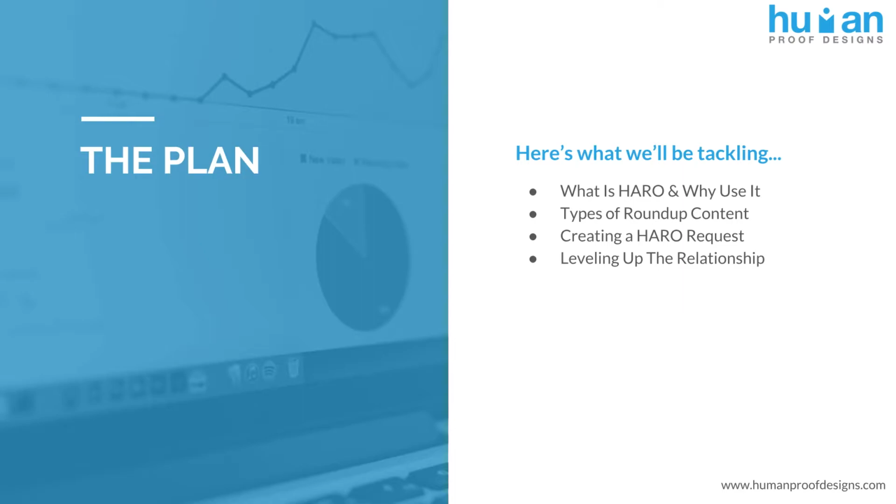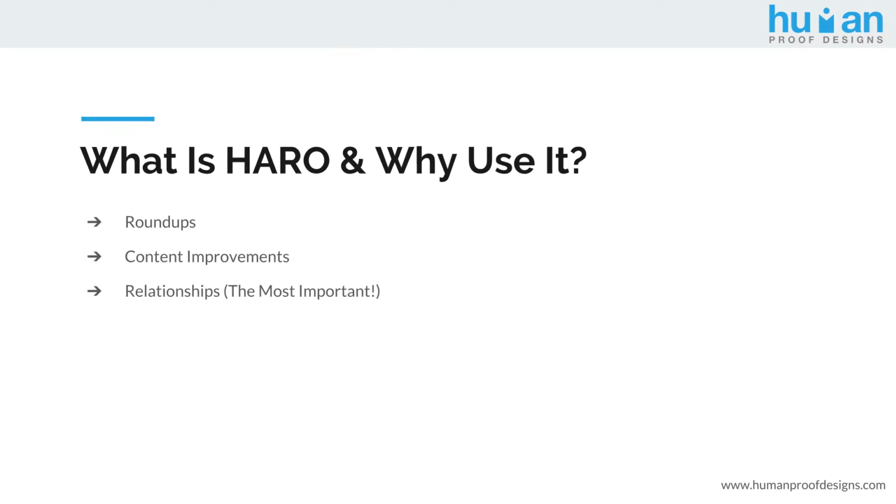So the first part is what is HARO and why to use it. HARO is a network of journalists and also of influencers or experts. The founder was a journalist on a tight deadline who needed a quote from an expert, and he did not have a specific way of reaching one.